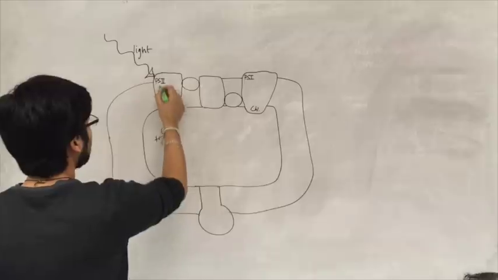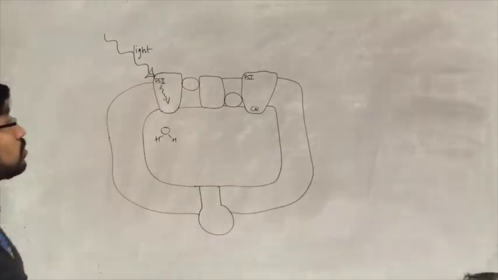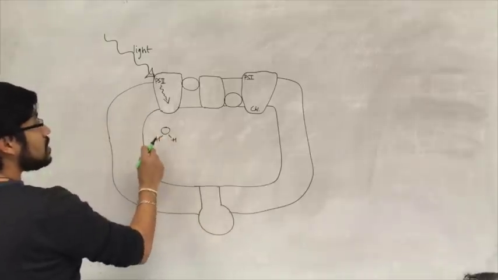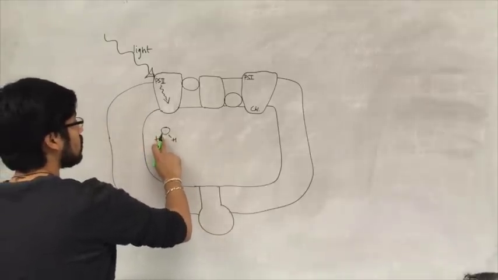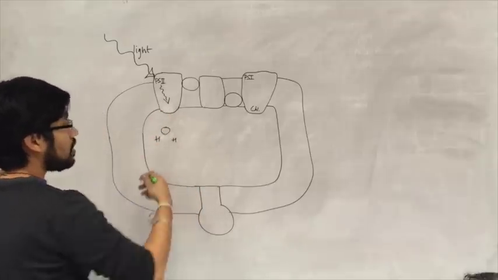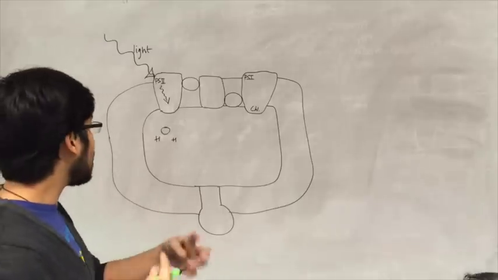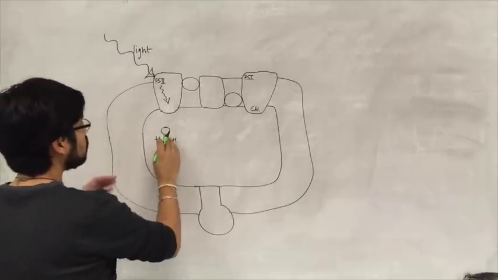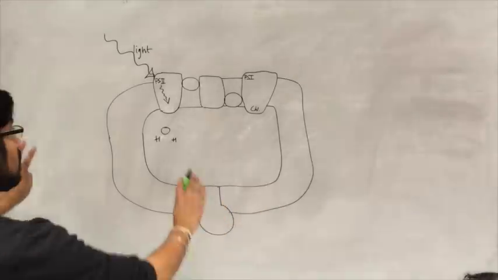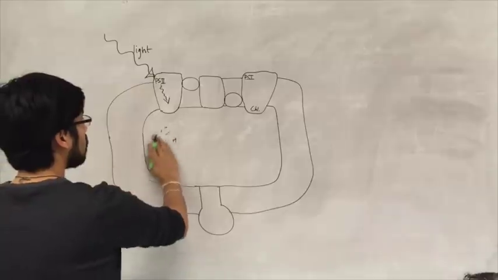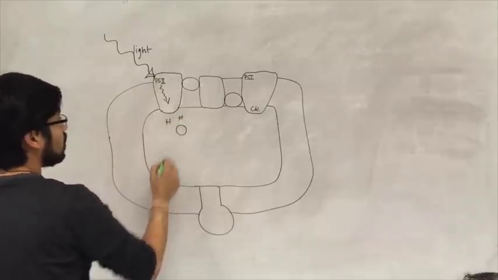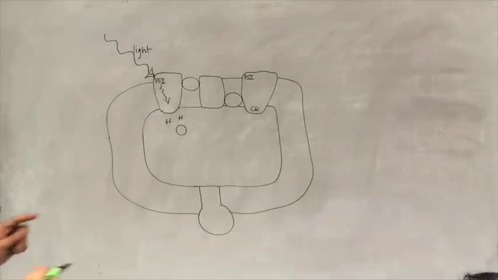So what happens when the light energy eventually gets to the chlorophyll? That energy is used to excite some electrons in the chlorophyll, and that starts a chain of events that will eventually lead to oxygen splitting from the hydrogens. So instead of H2O, we've now got O and H and H.